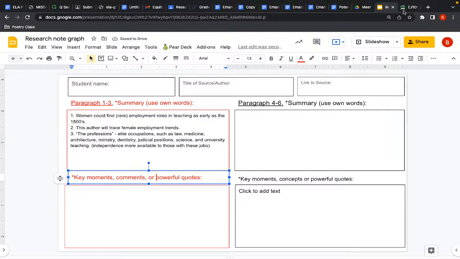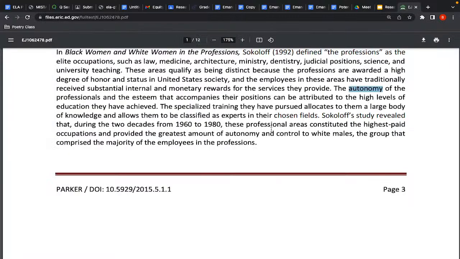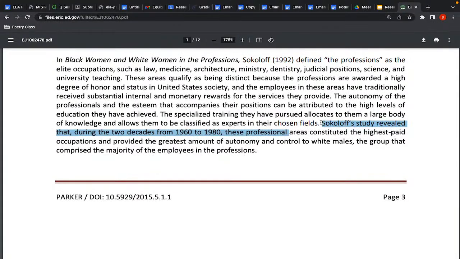I might end up putting that down here because this idea, Sokoloff's study revealed that during 2 decades, from 1960 to 1980, these professional areas, the professions, constituted the highest paid occupations and the greatest amount of autonomy and control to white males. So, you know what?